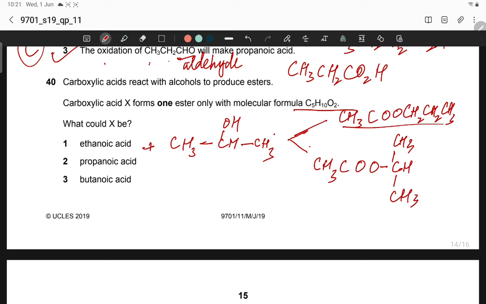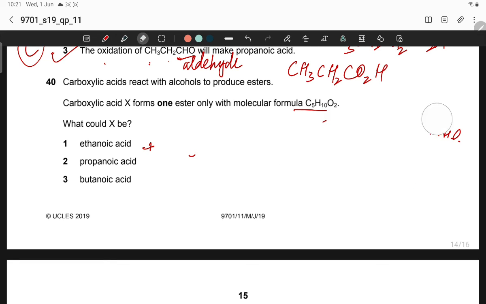There are two types of compound found which have C5H10O2. But in this case, this is incorrect.